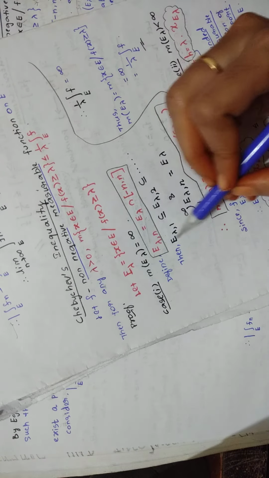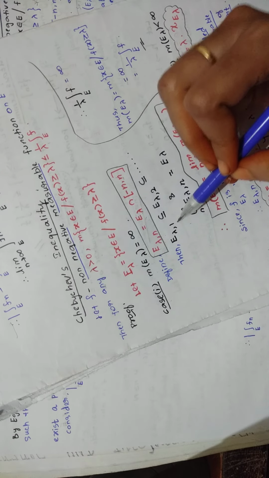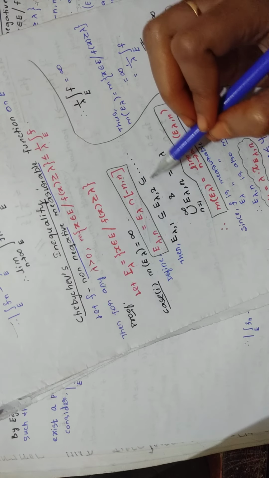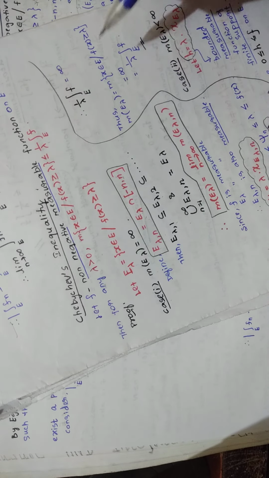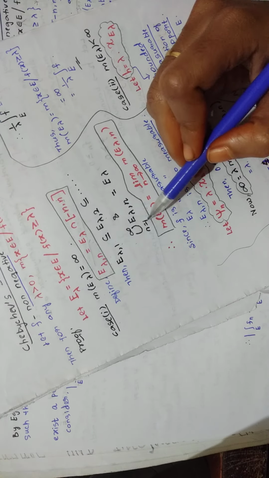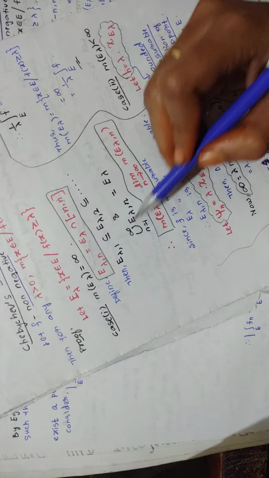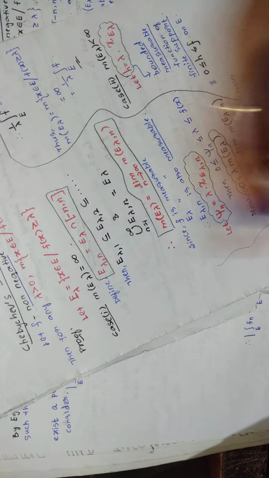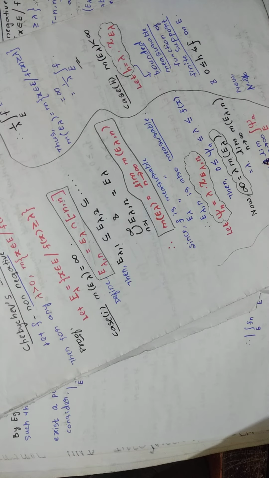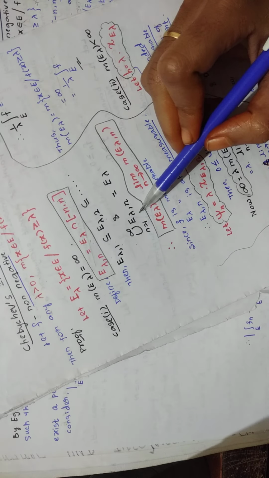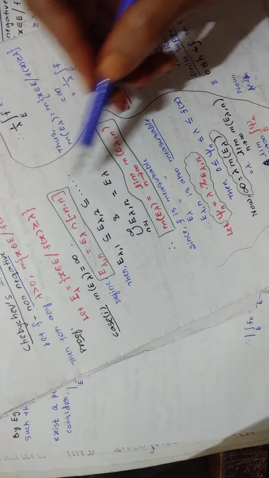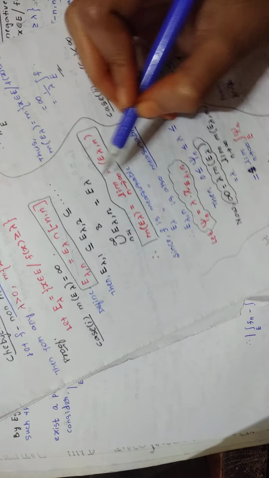From this, E lambda comma 1 is a subset of E lambda comma 2, which is a subset of E lambda comma 3, and so on till infinity. And the union over n equal to 1 to infinity of E lambda comma n is equal to E lambda. That is how you have to write it.